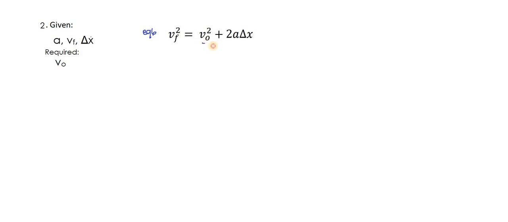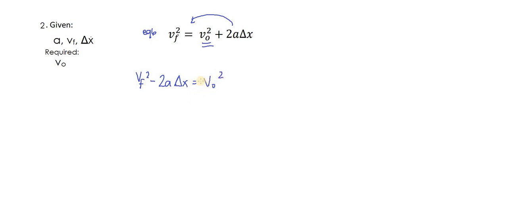We are asked to find the initial velocity. So, again, transpose to the other side of the equation. That will be your final velocity squared minus 2a delta x, or d. We can also write it as d, which is equal to initial velocity squared.